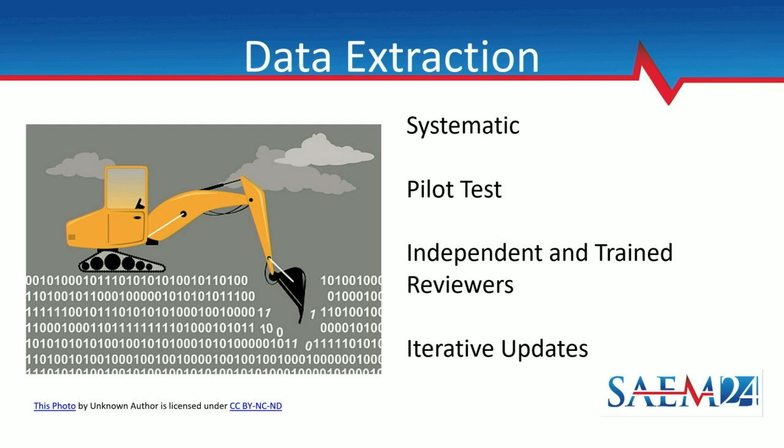As you're reading through these full-page articles, in line 37 of the results, or in the appendix, they might mention something that somebody else might have missed. You want to make sure that everybody agrees, and if there are any disagreements or things that are missed, that you can come back together and reread the article together and make sure that you're getting the data that you need. And this abstraction form is also something that can be iteratively updated.